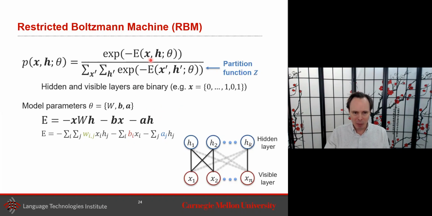Let's say that's my X and that's my H. What I want to know is the probability of that event happening. Because it's a joint probability, what's the probability of both of them occurring? That's what this is really telling me.